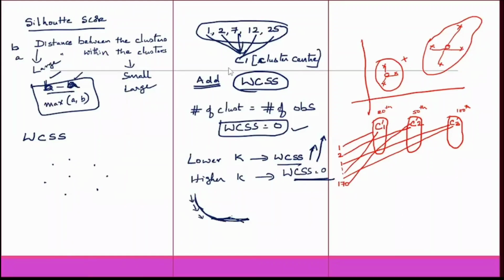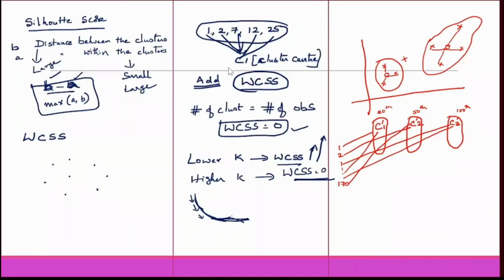Now all of them are allotted to either C1, C2 or C3. So now C1 contains some 40 observations, C2 some 70 observations, C3 some 50 observations. Now the average of every variable of C1, of C2, and of C3 would become the new cluster center.